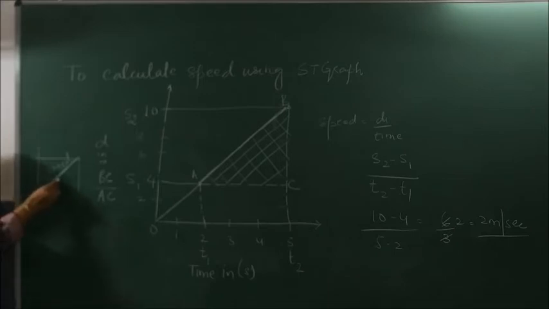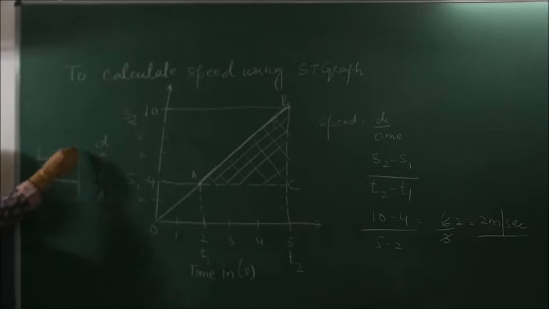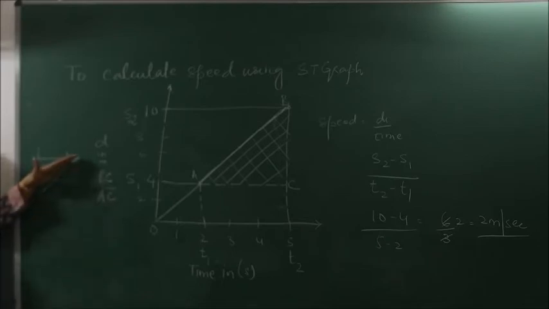Then I get a triangle here. The slope of this triangle, or the hypotenuse of this triangle, gives me the speed. So how is the question asked? What does the slope of the distance time graph show? The slope of the distance time graph always shows speed.